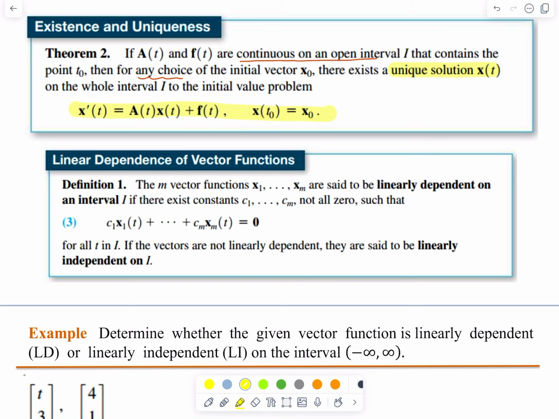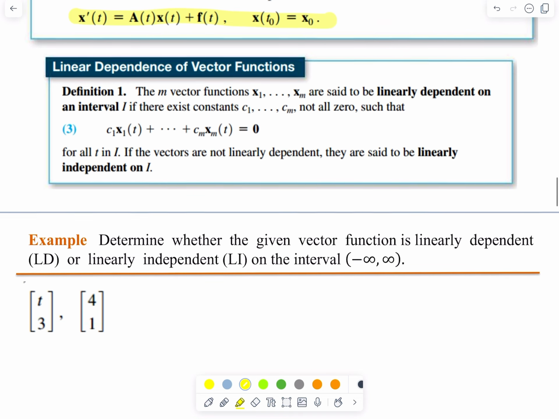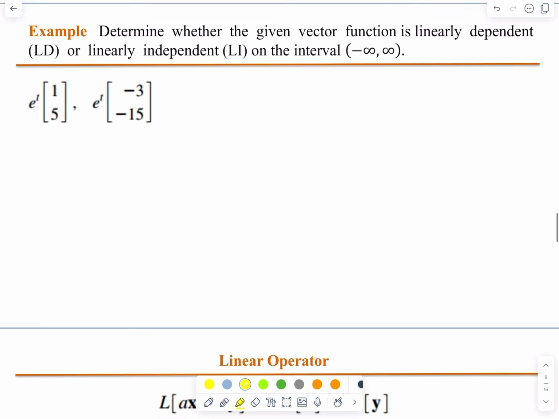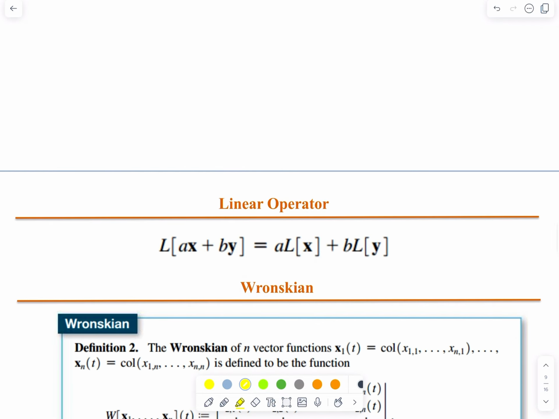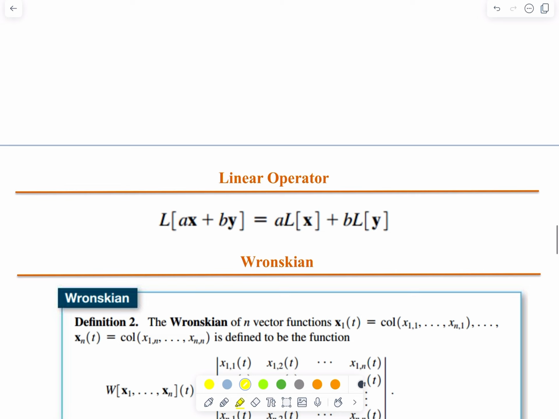Before we go over this linear dependence of vector functions, I did want to talk about this linear operator. So we define this linear operator as L of x is equal to x prime minus Ax.